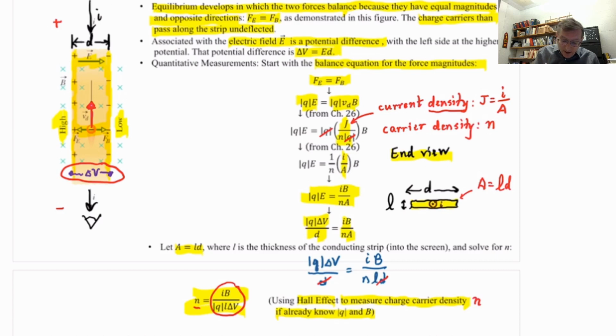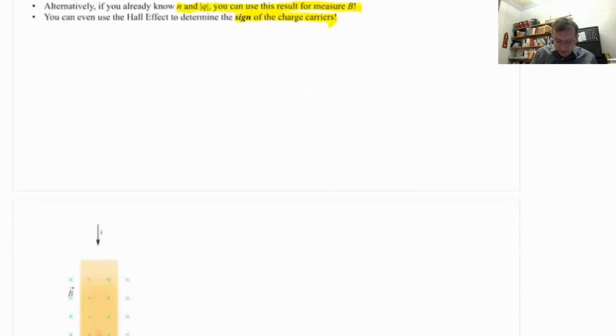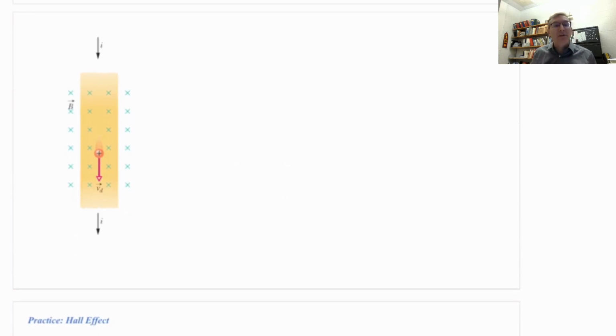Now that's based on negative charge carriers. Now let's take the same shape conducting strip, same direction for conventional current, but now have positive charges moving. Okay, that's this picture right here.